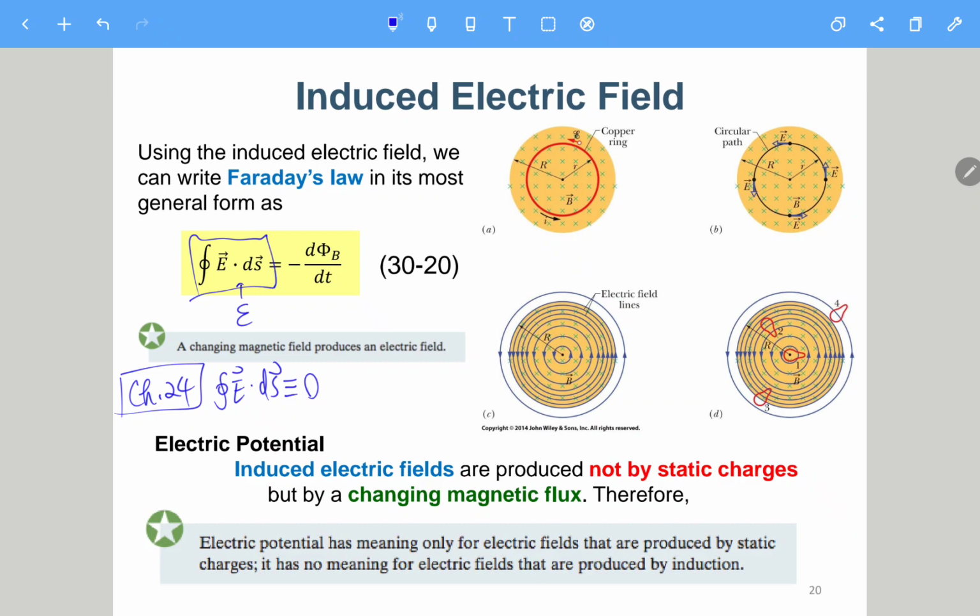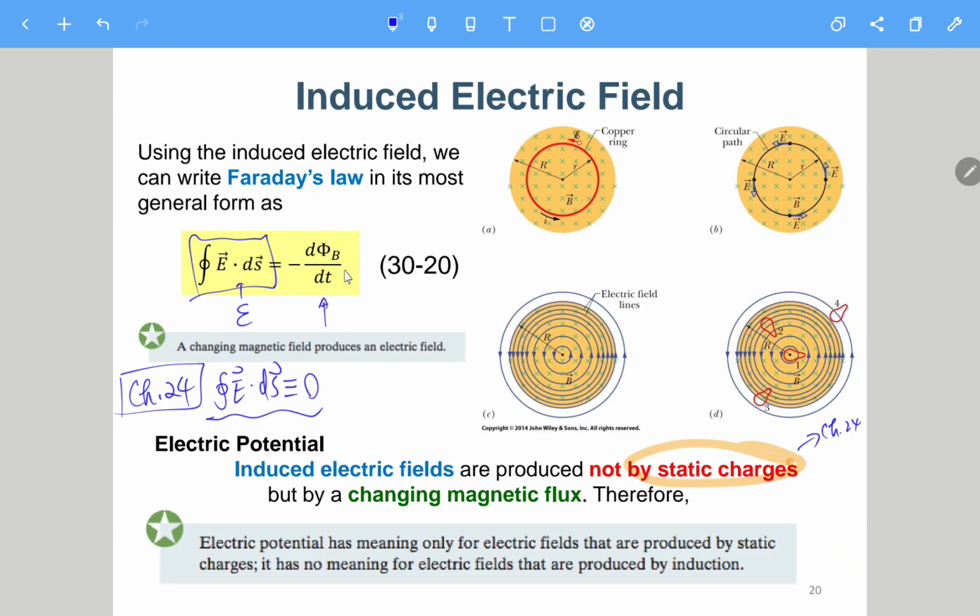At that time, we don't consider any B field or any changing B field. All the E fields are generated by static charges, as referred to in chapter 24. So in that case, when you integrate E for a closed path, it must be zero.